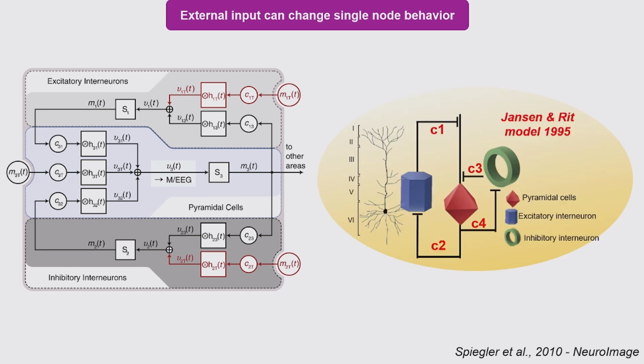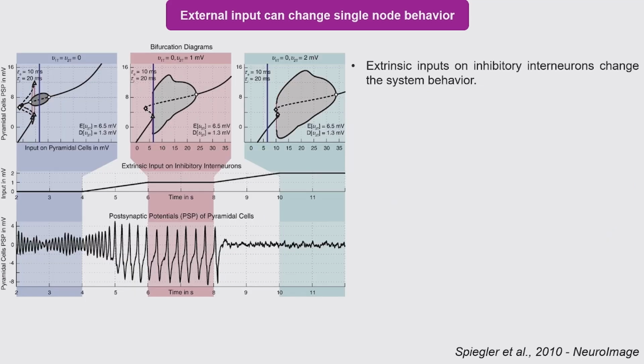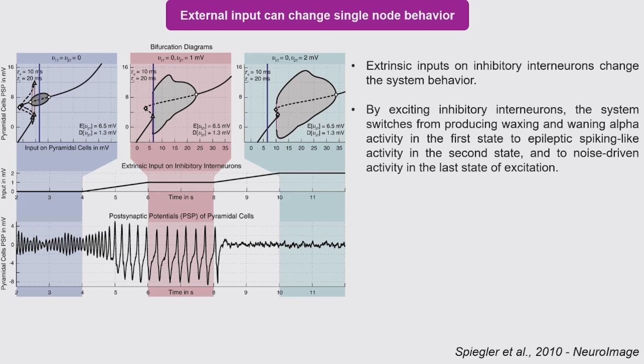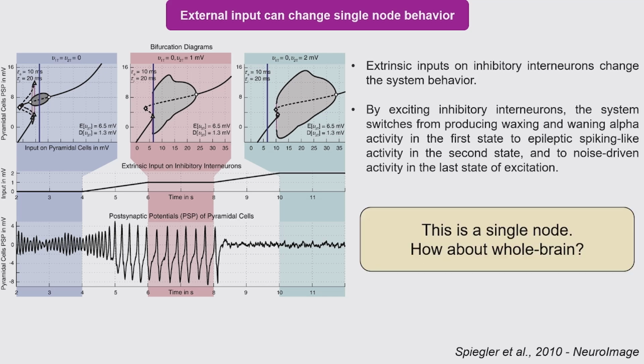They use this model, which you know already, the Jansen and Rit, and they inject an external input in the inhibitory interneuron, and they show how changing this input changes the dynamics. Specifically, it moves from an alpha oscillatory behavior to epileptic seizure behavior, and then if you increase the external input further, it becomes just noise-driven activity. But this is still at the single node level.